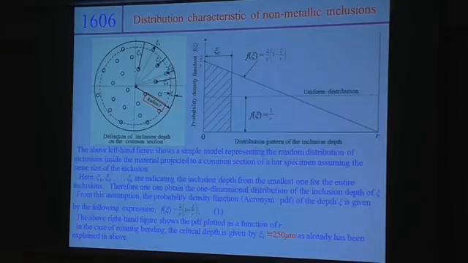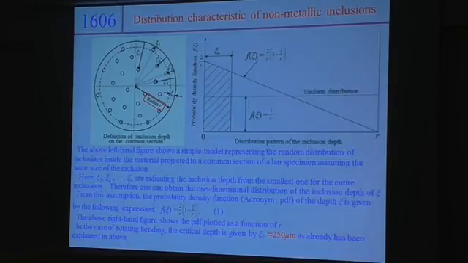Therefore, one can obtain the one-dimensional distribution with the inclusion depth of xi. From this assumption, the probability density function PDF of the depth xi is given by the following expression, equation 1. The above right-hand figure shows the PDF plotted as a function of R.